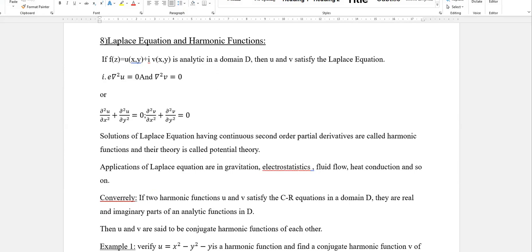Next, an important topic: Laplace equation and harmonic functions.